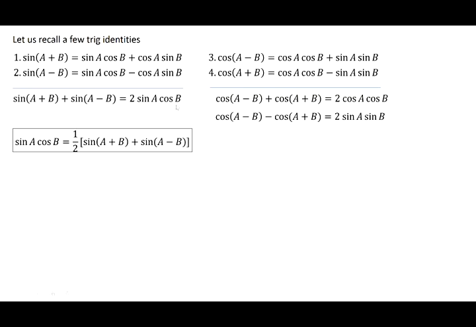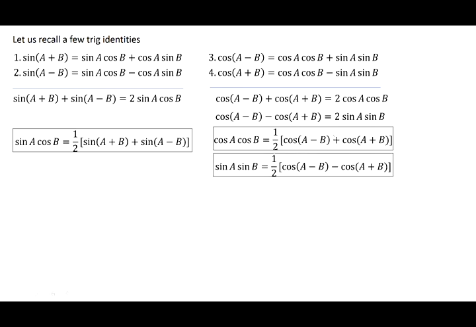Sine a cosine b is 1/2 of sine of a plus b plus sine of a minus b. Similarly, cosine a cosine b is 1/2 of cosine of a minus b plus cosine of a plus b. And sine a sine b is 1/2 of cosine of a minus b minus cosine of a plus b. These 3 results are very important because something else I needed to cover. Okay.